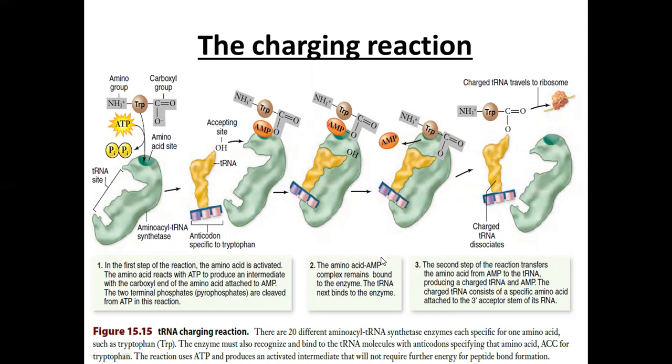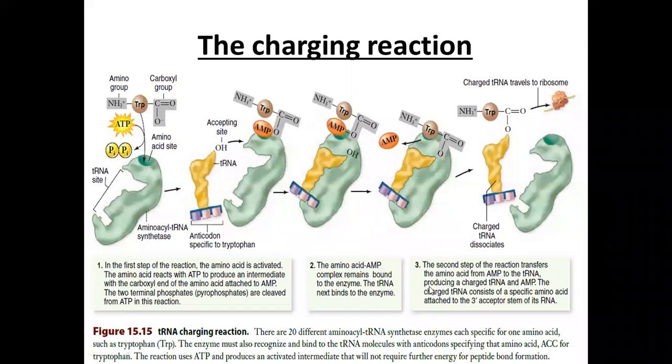So when the AMP is produced, there will be an amino acid-AMP, or adenosine monophosphate, complex that remains bound to the enzyme.